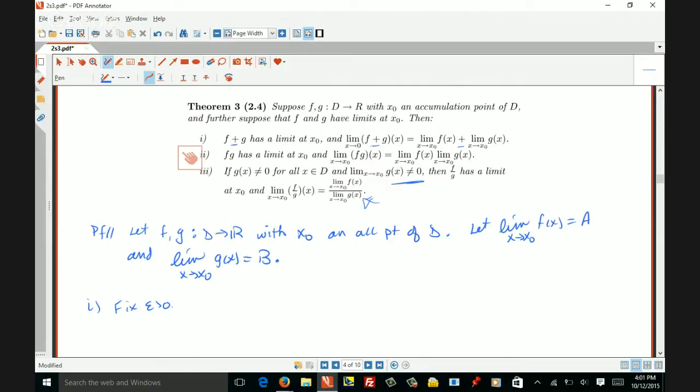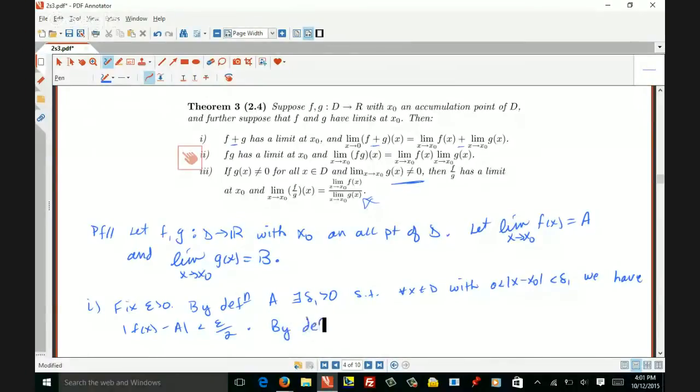We know that the limits exist, so by definition of A and B, well, I'll do one at a time. By definition of A, there exists a delta 1 greater than 0, such that for all x in D with 0 less than absolute value of x minus x naught less than delta 1, we have absolute value of f of x minus A less than, I'm betting I'm going to need an epsilon over 2, so I'll put that there.